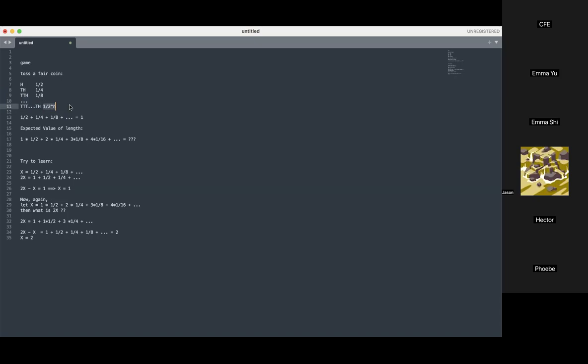We may be very unlucky and get a length of 8 or 9, but the probability is 1/2 to the power of 8, 9, 10. That will be very small and contribute too little to our expected value, and will hardly influence the expected value of the length.